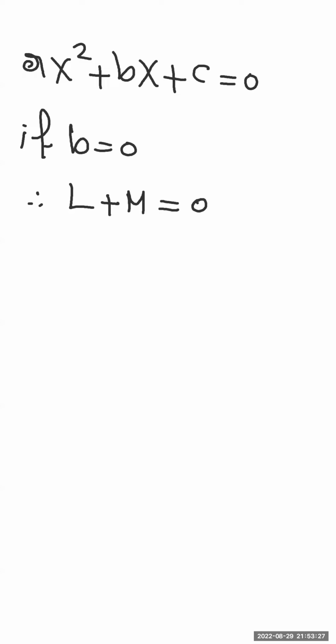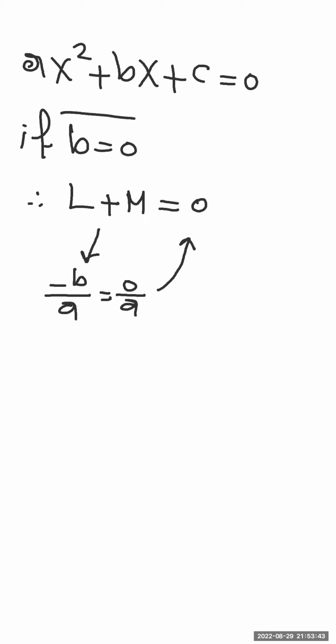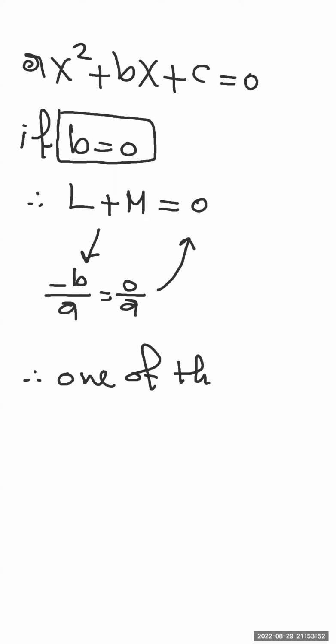Because the sum is negative b over a, so 0 over a. That's why I said that the sum will equal 0. So simply, guys, if the sum of the two roots equals 0 because b equals 0, therefore one of the roots is the additive inverse of the other.